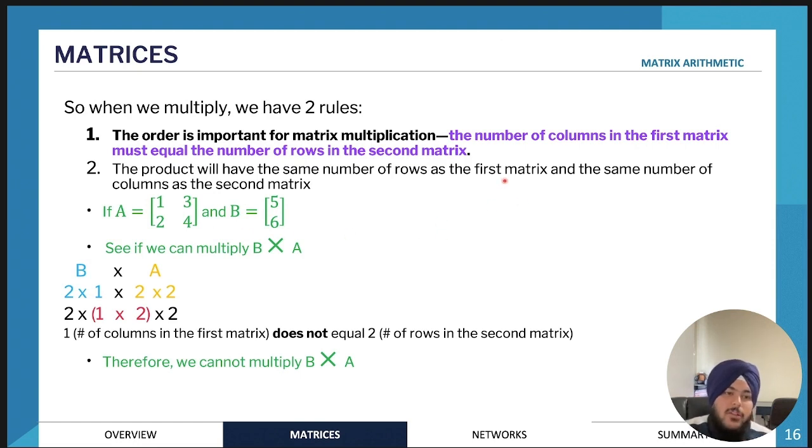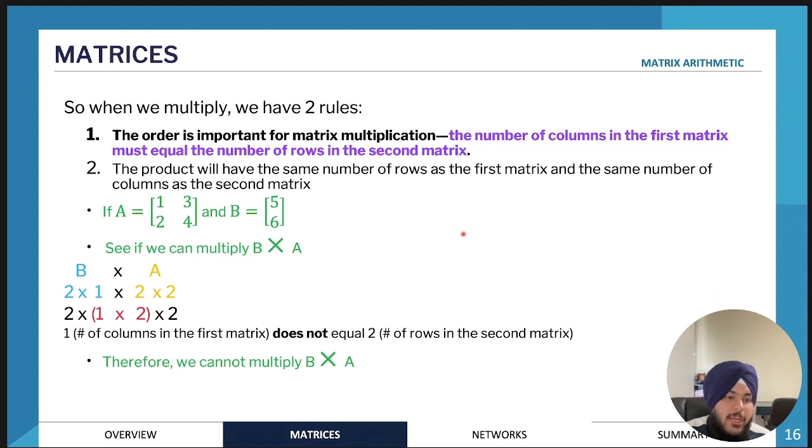When you're multiplying matrices, there are essentially 2 rules that you need to work out before you start the actual multiplying. The first is that the order of the matrix multiplication needs to be worked out.